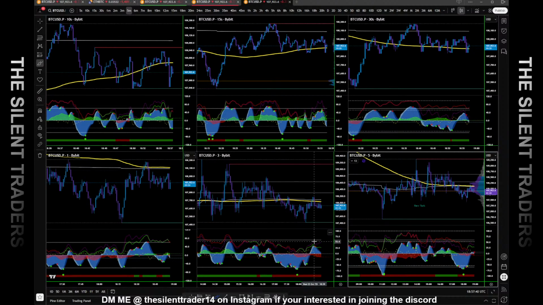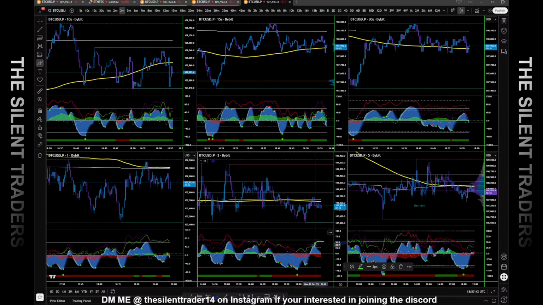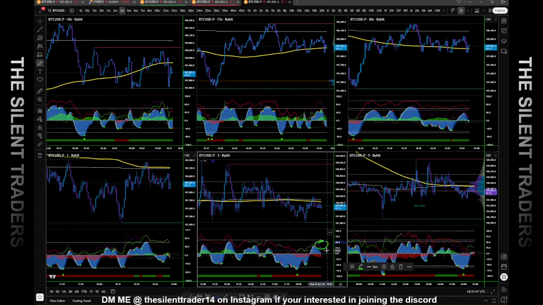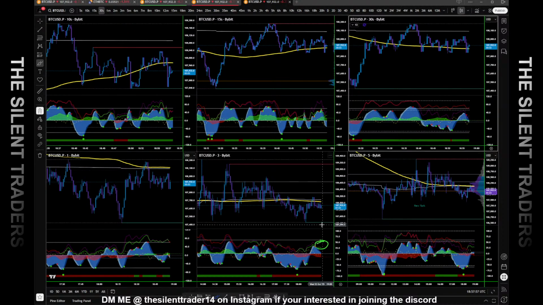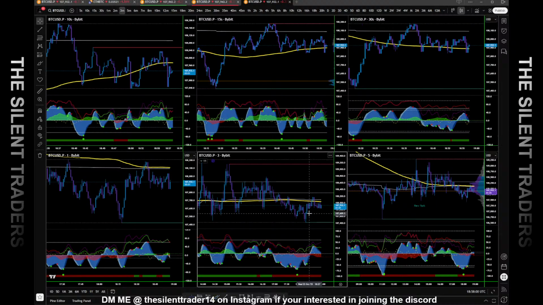And what I mean by massive separation: the 3-minute, the purple is well above the green. The 30-second, the red is well above the purple. So completely opposite, and they're very close time frames, which means either sideways ranges or the other one is going to start beating up on this one.